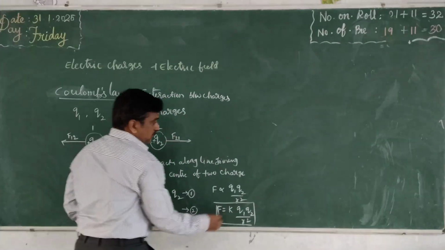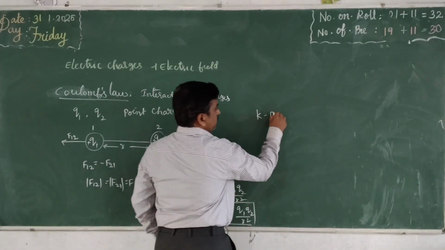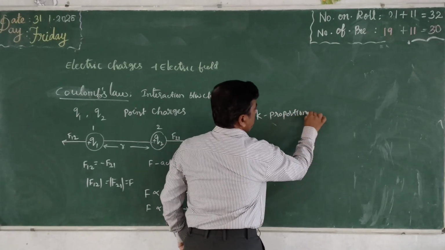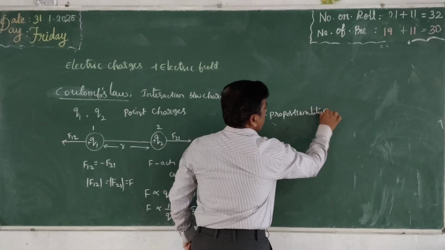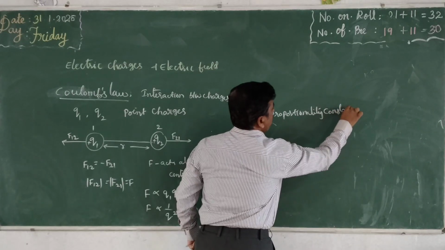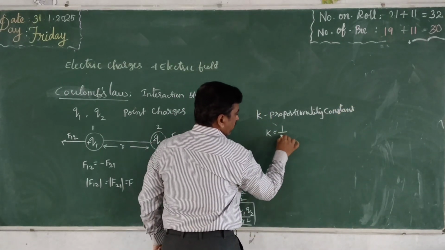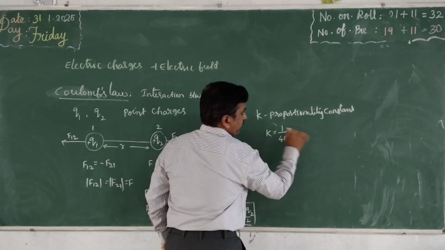Here k is the proportionality constant. We can write k equal to 1 by 4 pi epsilon.